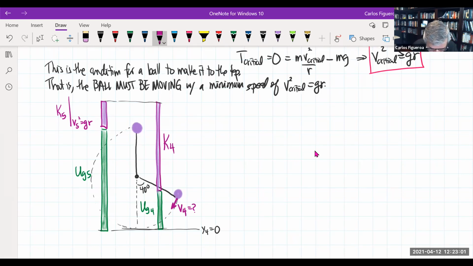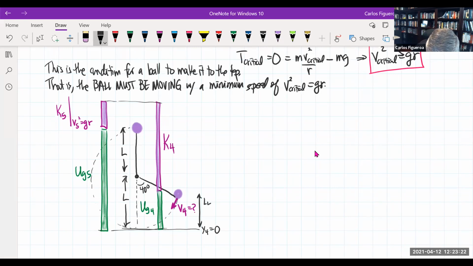So what we're seeing here is a couple of things. Note that if this is the length of the string here, and from here to here is the length of the string, we could see that the gravitational potential at 5 has twice the height. We know the height here already. We've already calculated this.